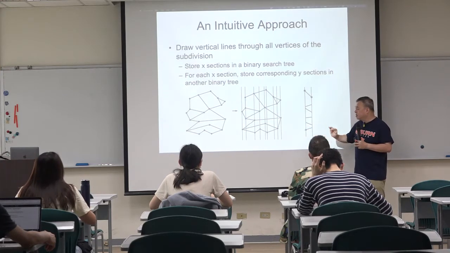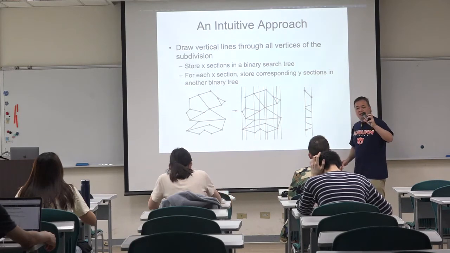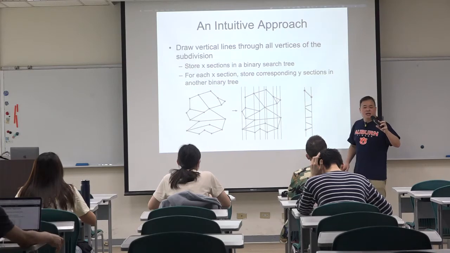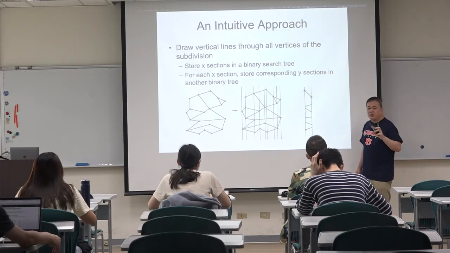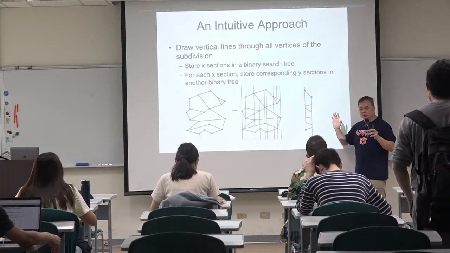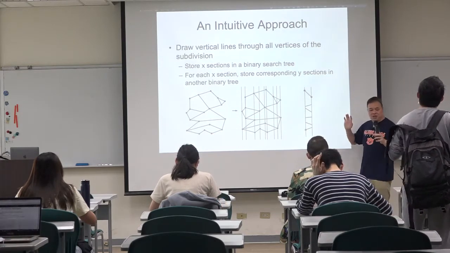Of course, you might wonder, well, what if we have 2 vertices that happen to have the same x coordinate? Let's not worry about that. We call that a degenerate case. So let's not worry about that degenerate case for now.